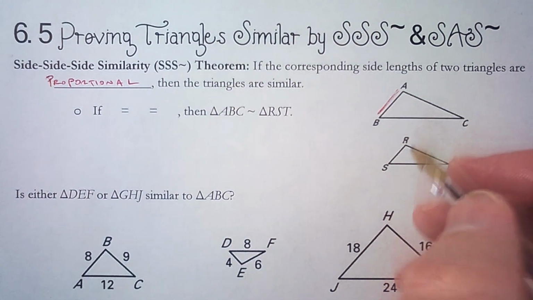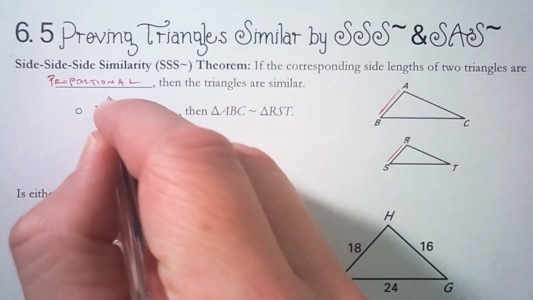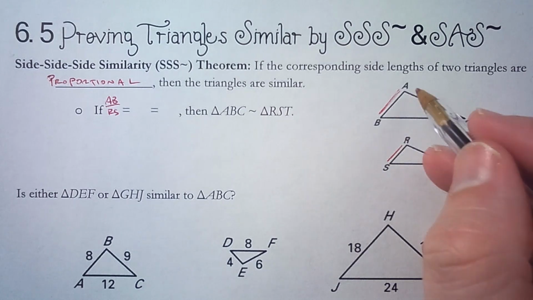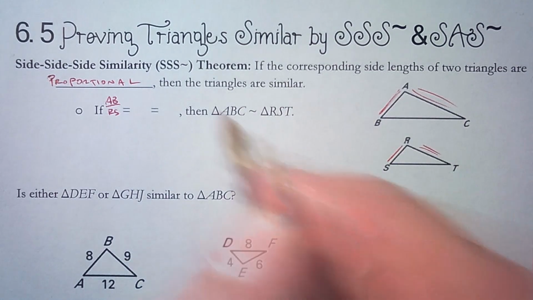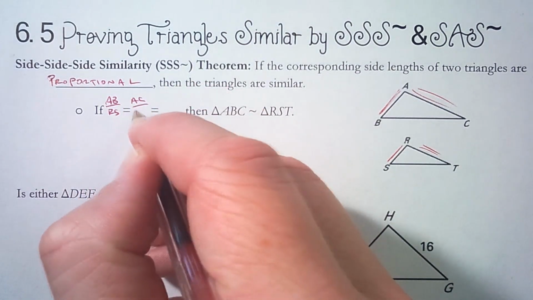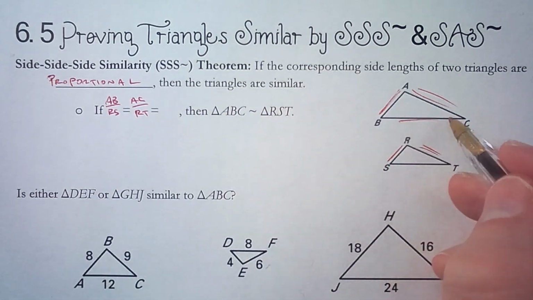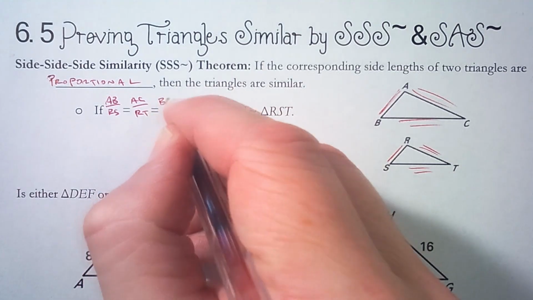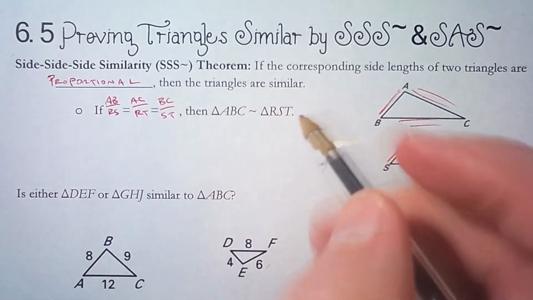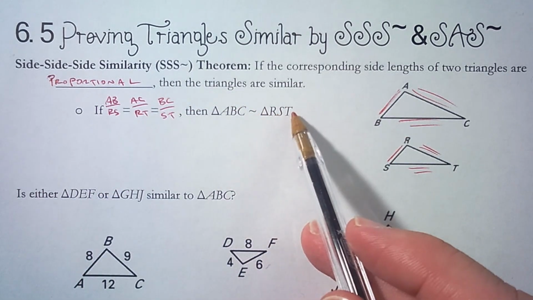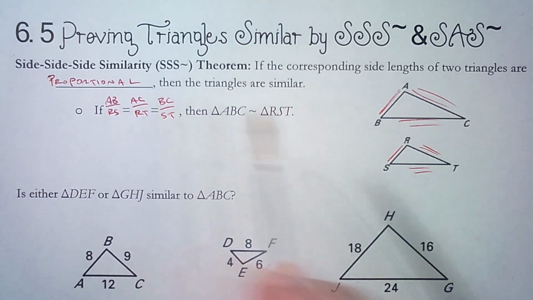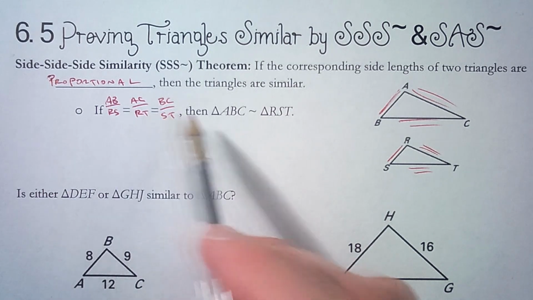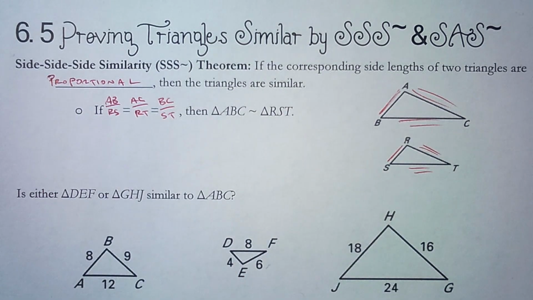So if AB is to RS as AC is to RT as BC is to ST, then triangle ABC is similar to triangle RST. So if all three ratios of sides would simplify to exactly the same fraction, then the two triangles are similar.